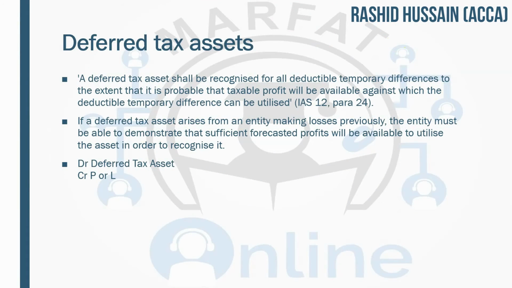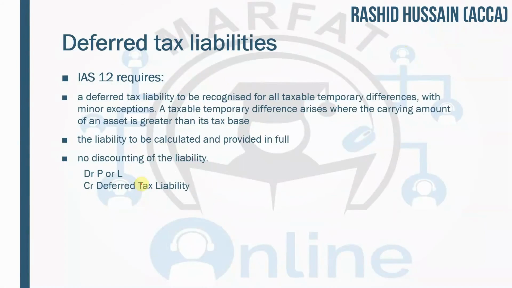So the deferred tax asset. Deferred tax asset is simply when the tax base is more than the carrying value. This will give rise to a deductible temporary difference, and when you multiply it by the tax rate, it will give you the deferred tax asset. The double entry is deferred tax asset debit, credit profit or loss.